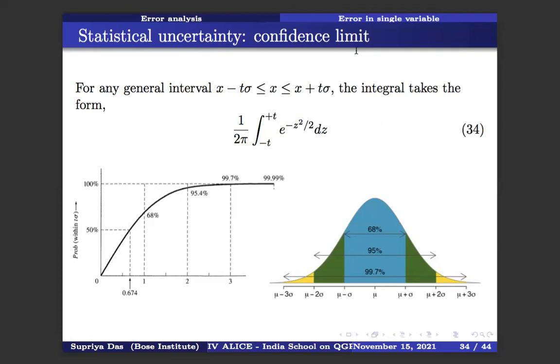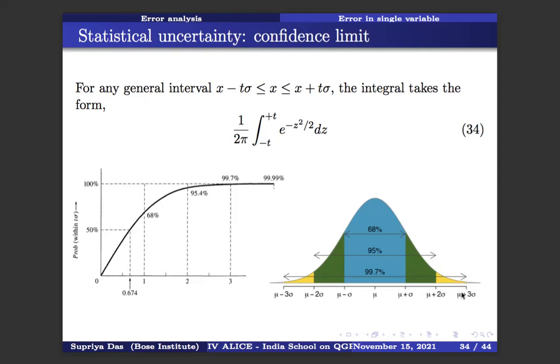My question was, where does the mean lie? 68% of the time the value will lie within plus minus 1 sigma from the mean, whereas 95.4% of the time it will lie within 2 sigma, and 99.7% or so within 3 sigma.